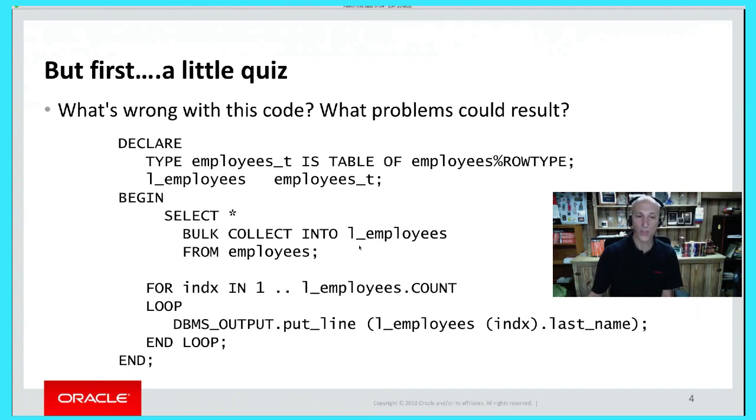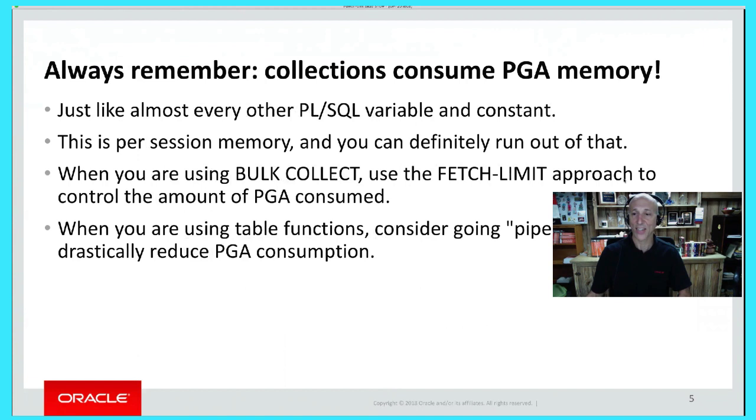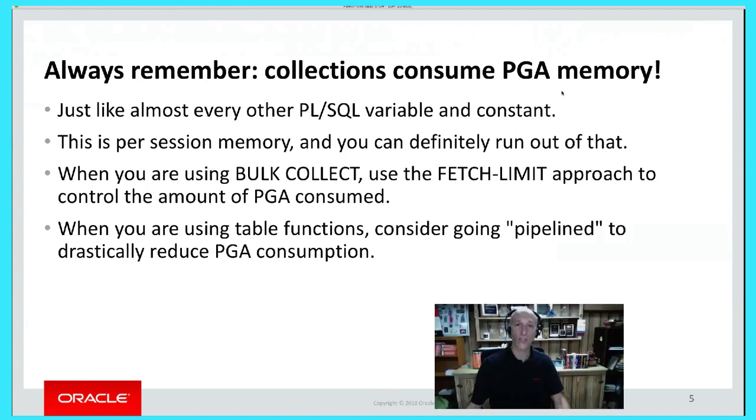So what this piece of code does in a very elegant, concise way is say, give me all the data in the employees table and dump it into this array. Nice. But the thing to remember always when working with collections is that collections, just like any other variable, any other constant that you declare and work with in PL/SQL, consume PGA memory, process global area memory, that is per session memory, and you can definitely run out of per session memory.